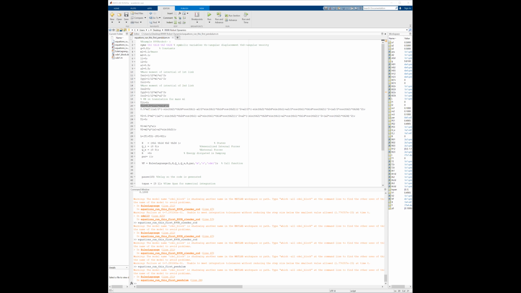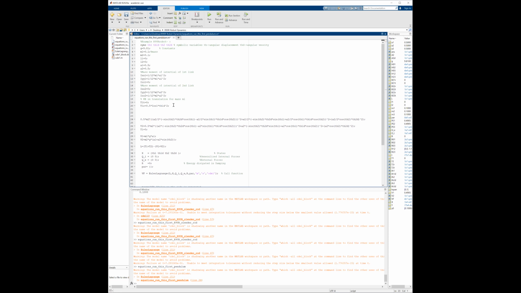So T1R is going to be 0. Please note Izz1 is 0, so it's going to be 0. So this is kinetic energy for mass M1. T stands for translation. This is in translation. This is in rotation.